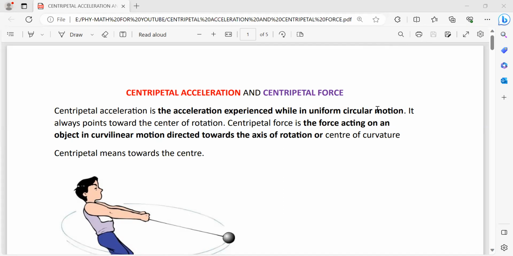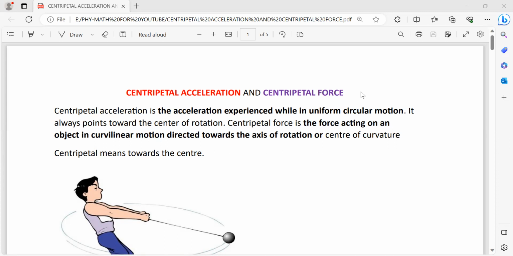Now we are going to learn an important topic in physics A level regarding centripetal acceleration and centripetal force.